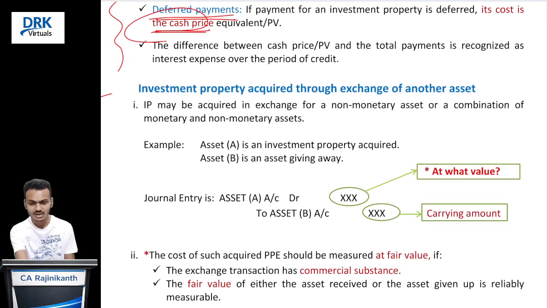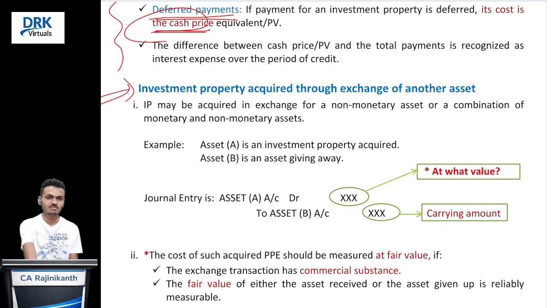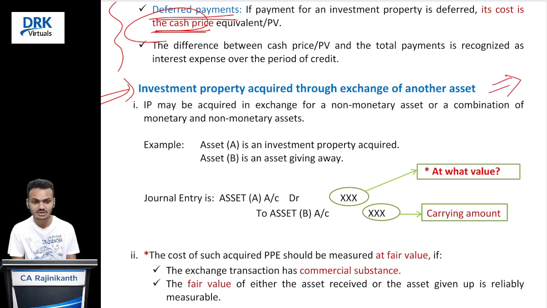And the next one is acquisition of investment property by exchange transaction. This is very similar, the very same as we discussed in Ind AS 16 and Ind AS 38. So I will briefly explain the story. We have some land and building and they also have land and building.